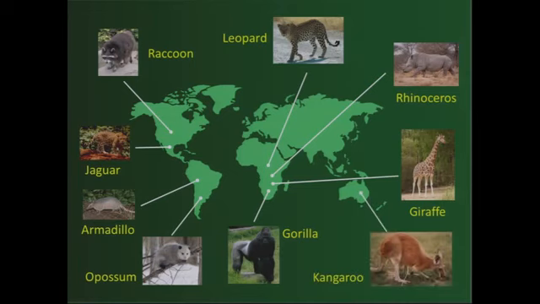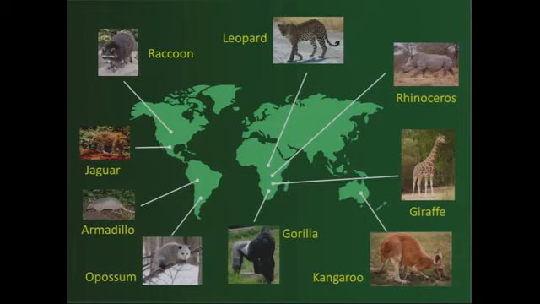And evolutionists say that the reason we find these different animals on these different continents is that they evolved in these different parts of the world. So we're told gorillas are found in Africa and not in America because they evolved in Africa and not in America. Armadillos are found in America because they evolved there and nowhere else.